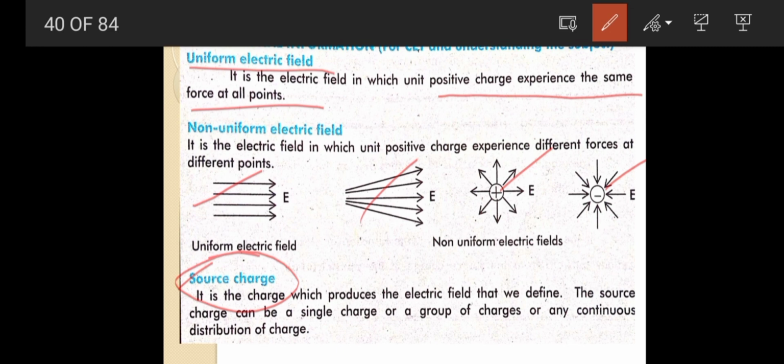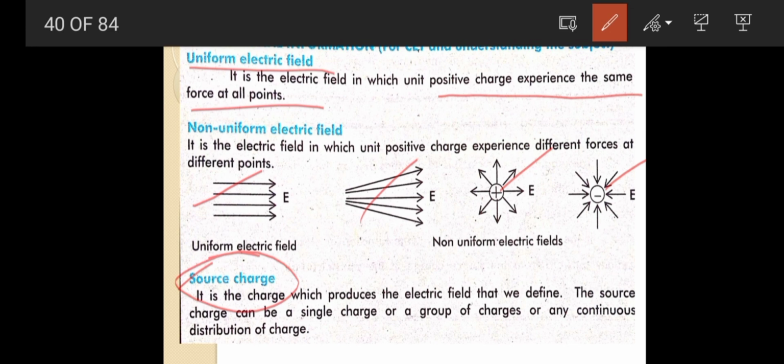The source charge can be a single charge, or a group of charges, or any continuous distribution of charge. It doesn't mean that it should be a single point or a single charge. It may be a system of charges, or any continuous distribution of charges.